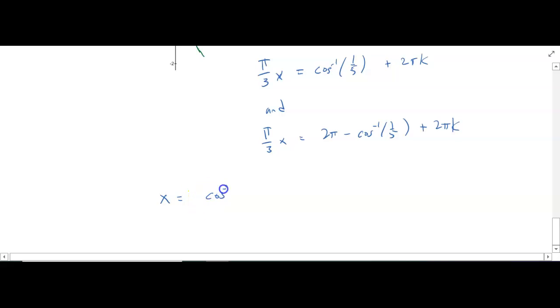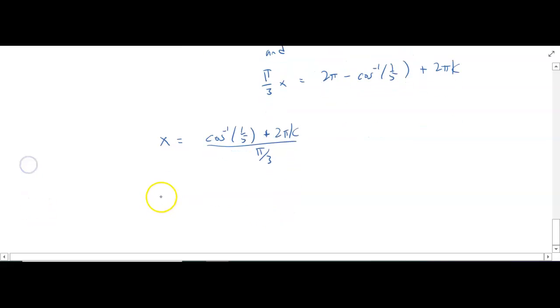So we really have inverse cosine of 1/5 plus 2 pi k, divided by pi over 3. And the other one would be 2 pi minus inverse cosine of 1/5 plus or minus any multiple of 2 pi, and then that would be divided by pi over 3.